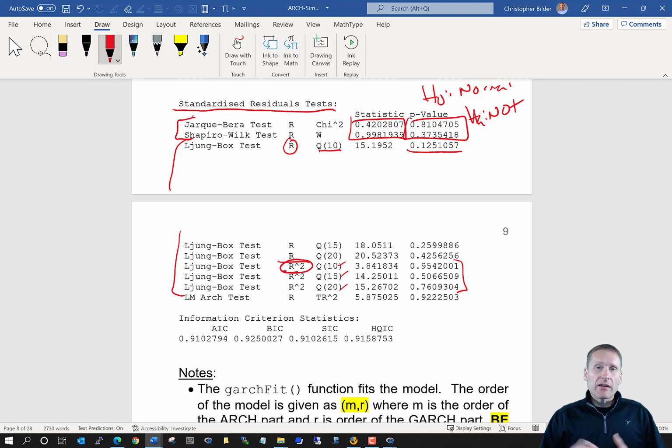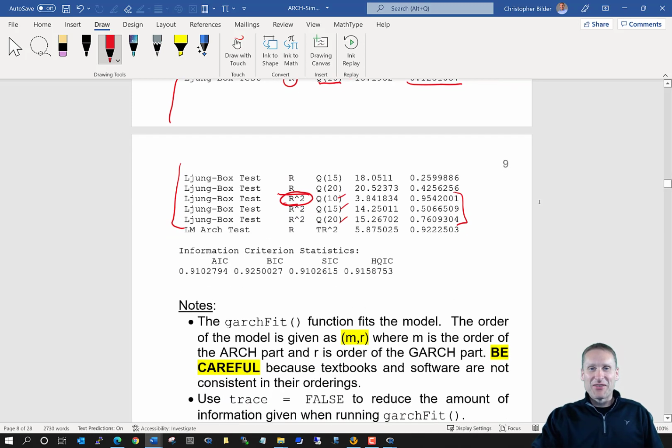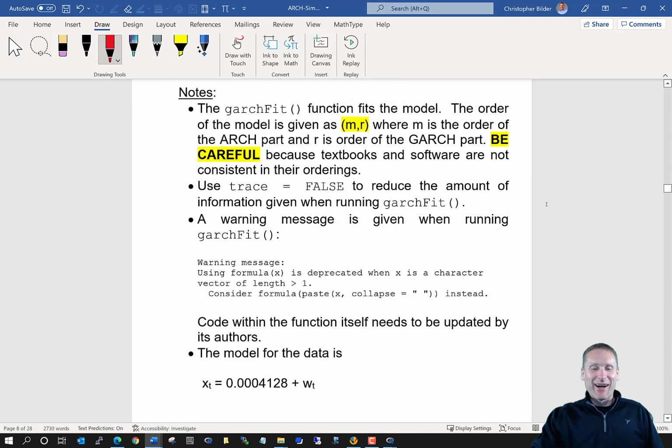So this is a good sign, and this is what we would expect with an ARCH(1) model, since we know that we simulated data from an ARCH(1) model. In other situations when you don't know how the data is simulated, you wouldn't necessarily expect that. Okay, so some notes here. When we specified the model in garchFit, what came first was m, what came second was r.